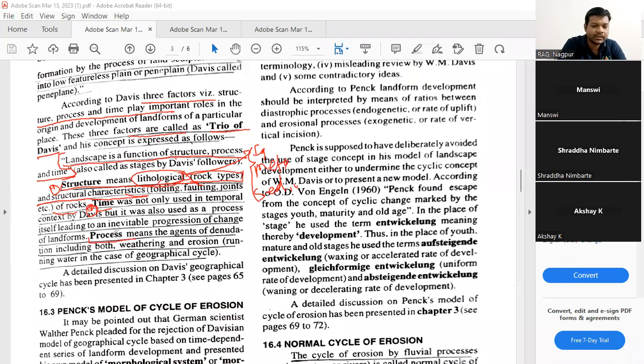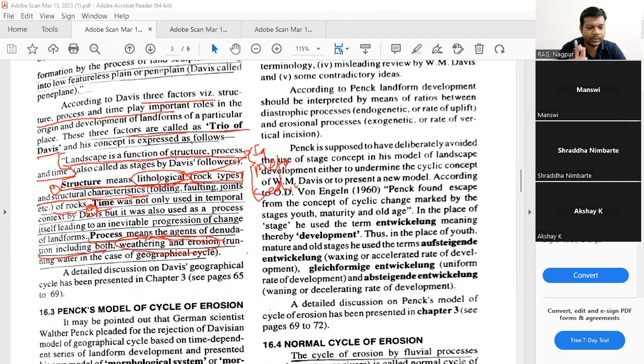And the process. Now what is this process all about? Process is the agent of denudation acting. Agent of denudation means the geomorphic or natural agent through which the weathering action is going on.